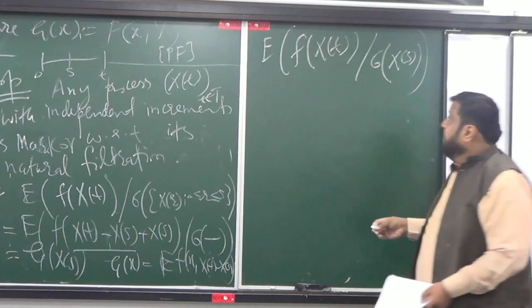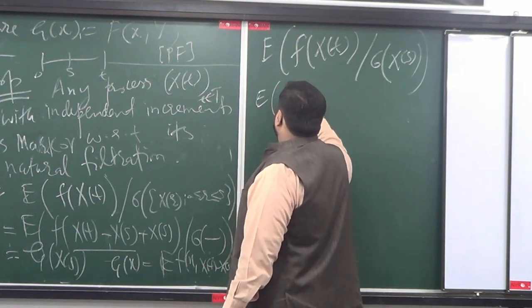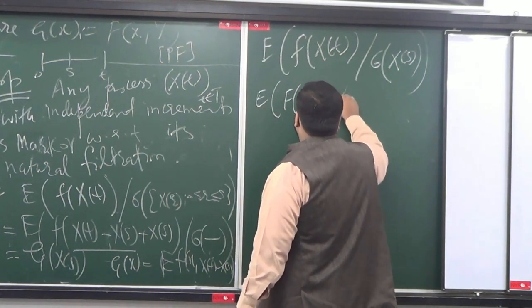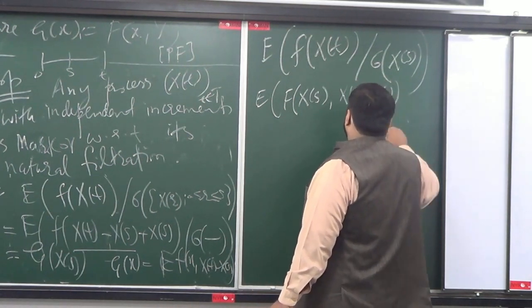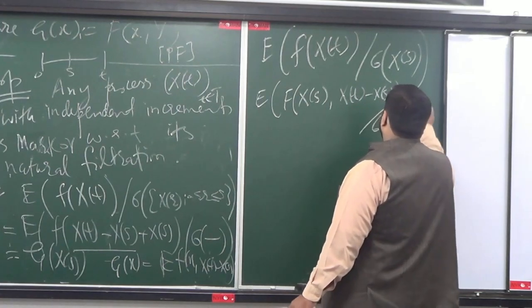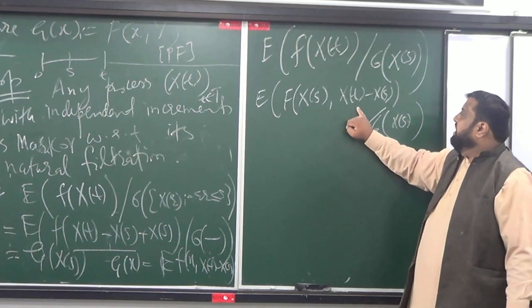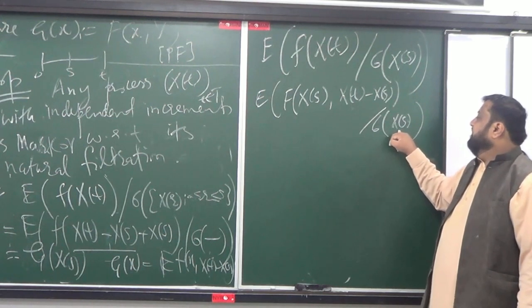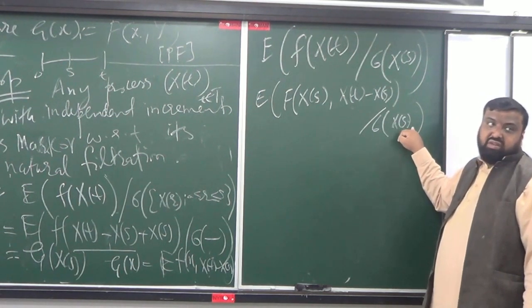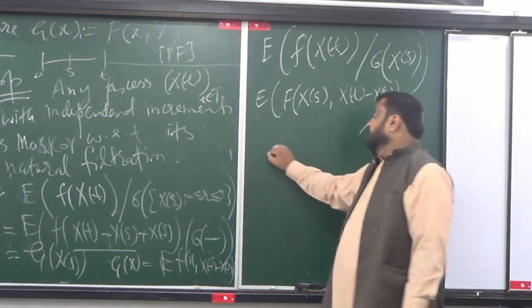We'll reach the same conclusion, with x of s and x of t minus x of s. Why should x of t minus x of s be independent of it? Because you can treat x of s as x of s minus 0.